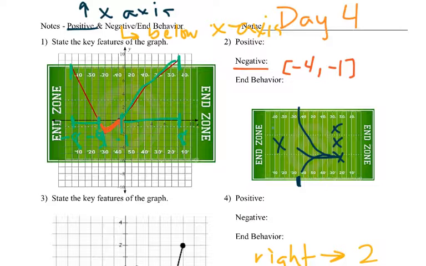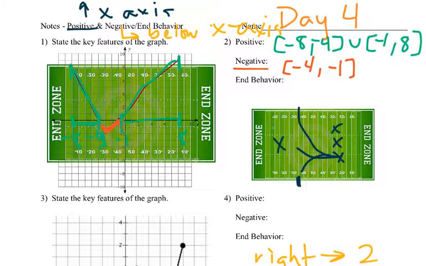Trying to hustle a little too fast. So from negative 8 to negative 4, it is above the x-axis, where it's positive. Then it jumps that negative portion and starts up again at negative 1 until it gets to 8. And that's how we have it.